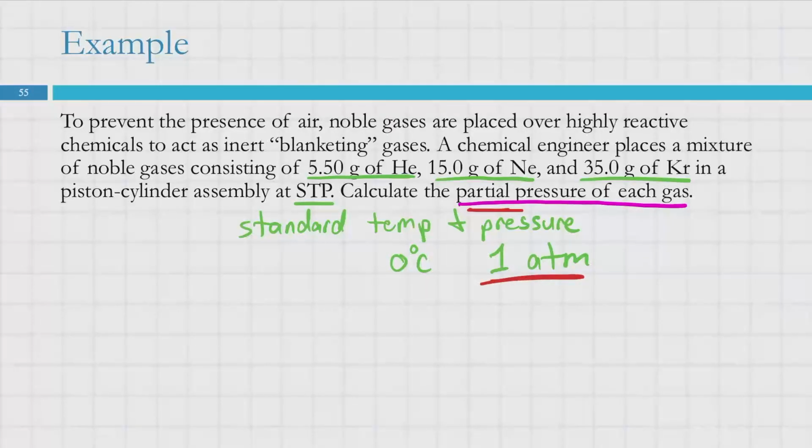The other thing that's important is the amounts of each of the gases that we're given. So we can convert these grams to moles for each of our gases. So for helium, divide by our molar mass.